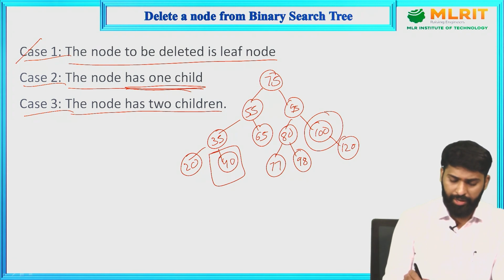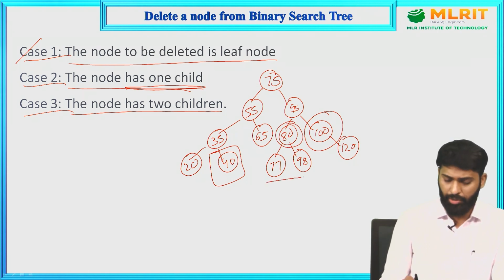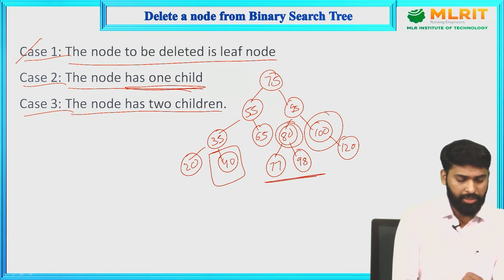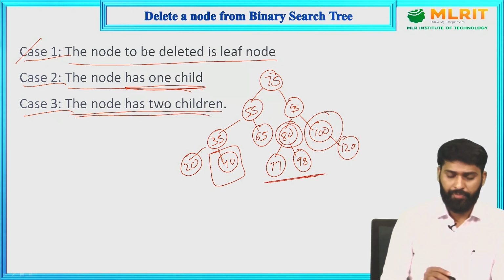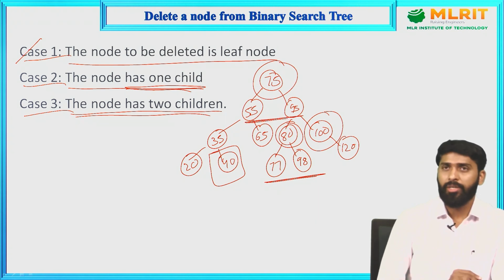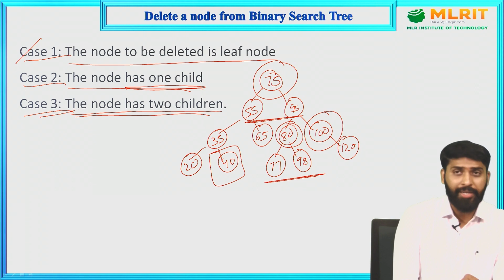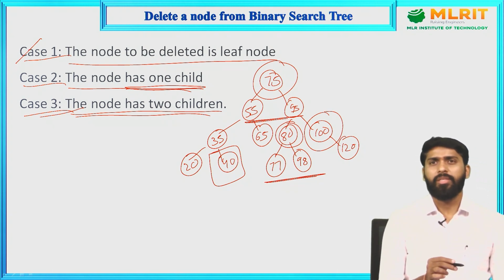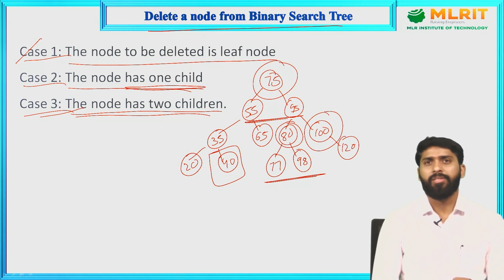If I try to delete this 80, this 80 has two children, so it comes under the third case. If I try to delete 75 also, 75 has two children, so it comes under case 3. Okay. So these are the three cases we have when we try to delete a node from a binary search tree. Let us discuss them one by one.